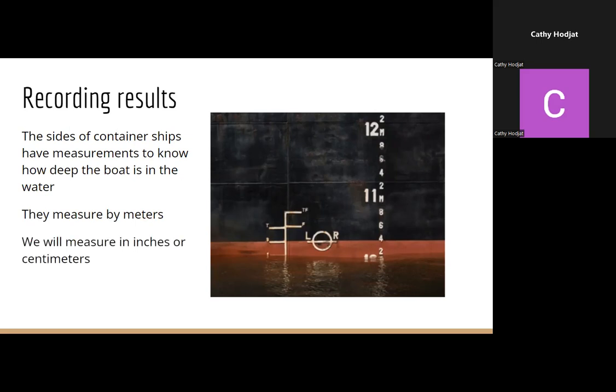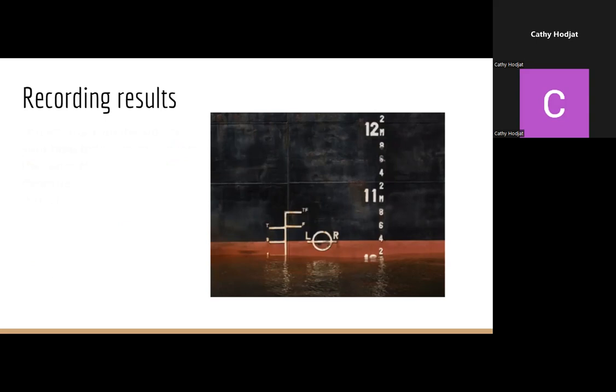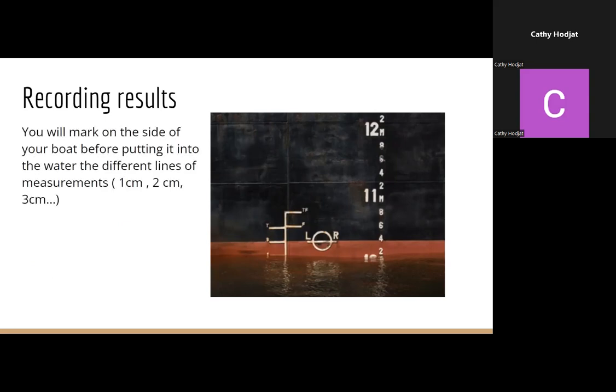Now, we will not have water that's meters deep, so we'll be measuring in inches or centimeters. We have a smaller amount of water, so we'll be using smaller units of measurement. You will mark on the side of your boats, before putting them into the water, the different lines of measurement. So here's an option. That way you can see how much water has come up versus when it's on top of the water.